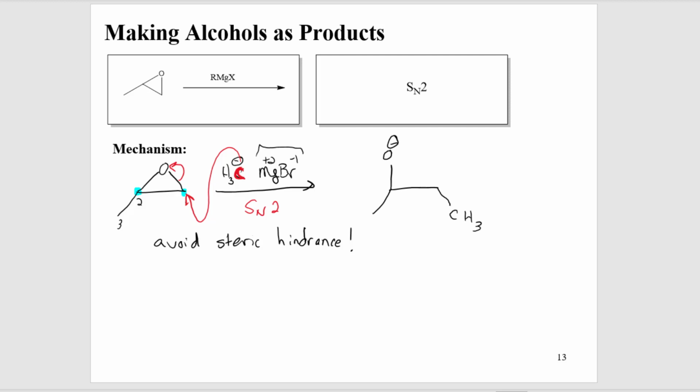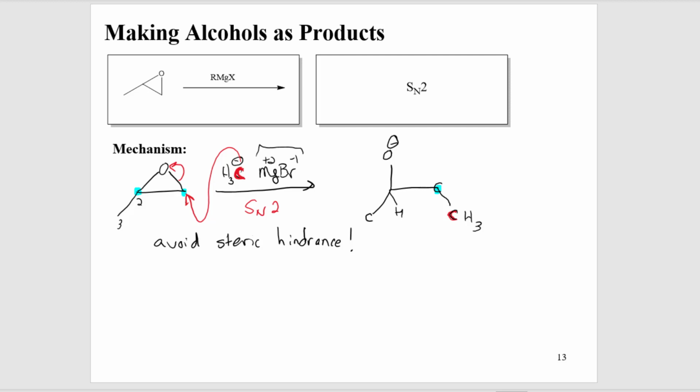Giving us this system. We've just made a new carbon-carbon bond. And we've opened it up. You know what? You should actually still search for a down and out. See this O minus? Can it come down and out? Well, no. It's got carbon, hydrogen, hydrogen, and the blue carbon.